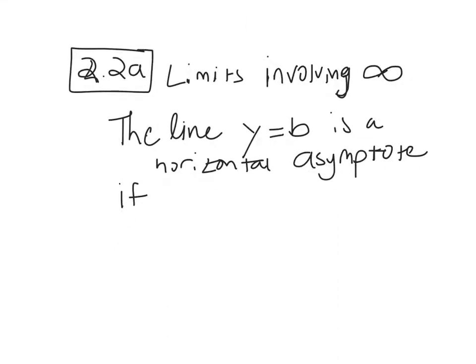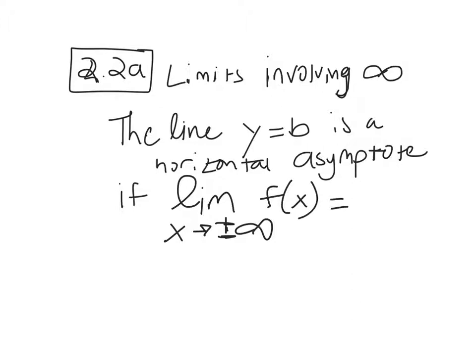And the definition that the book gives them is for limits. But you get y equals b as a horizontal asymptote if the limit as x goes to plus or minus infinity of a function f of x is equal to b.